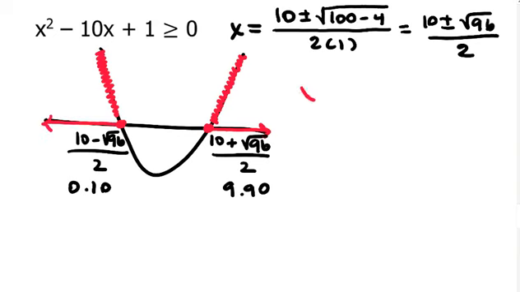So this is either x is greater than or equal to 9.90 or x is less than or equal to 0.10. You can also write it as 10 plus or minus the square root of 96 divided by 2. That's all the same. It doesn't matter.